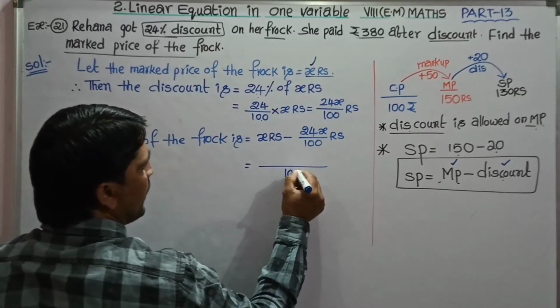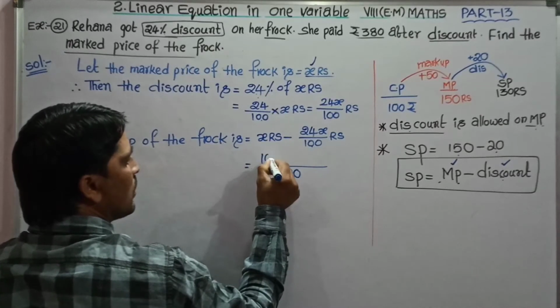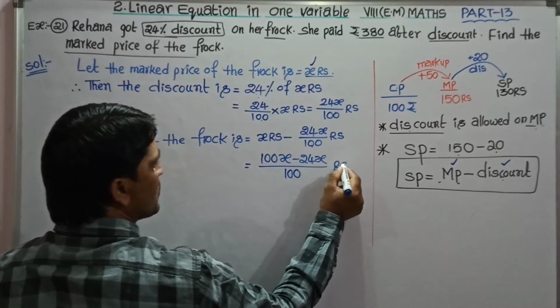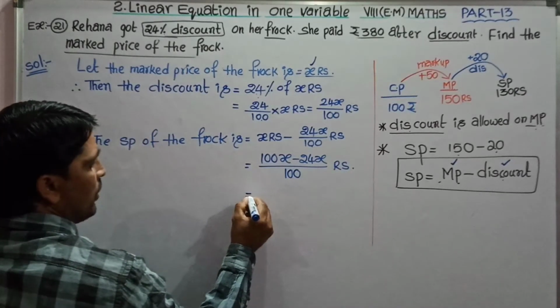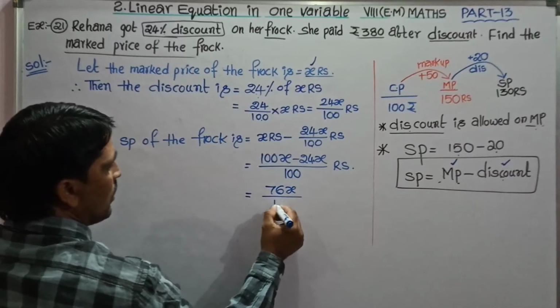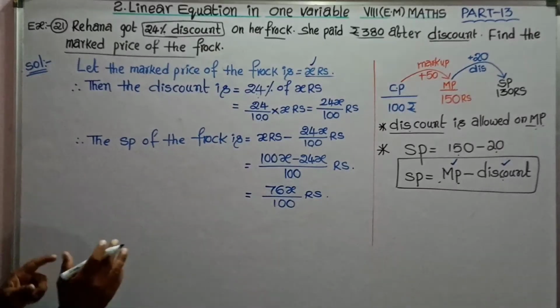Simplifying, LCM is 100, 100 into x, 100x minus 24x rupees. That is equal to (100x minus 24x) by 100, which is 76x by 100 rupees. This is the SP of the frock.